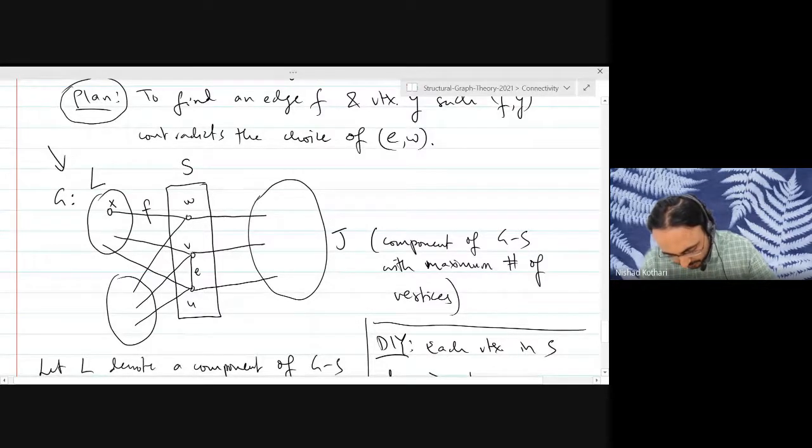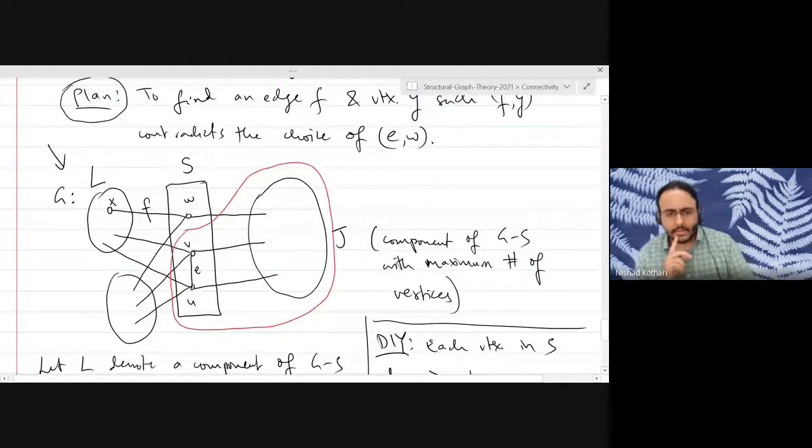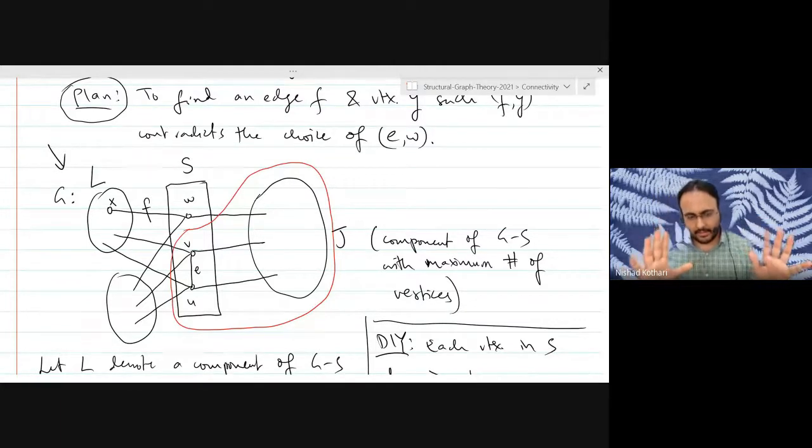Let us look at this red colored subgraph. It is the subgraph induced by the vertices of J and the vertices U and V. So it includes the edge E in particular. I want to prove that this is two connected. Why is this good? Supposing this is two connected, the vertex Y could be here.